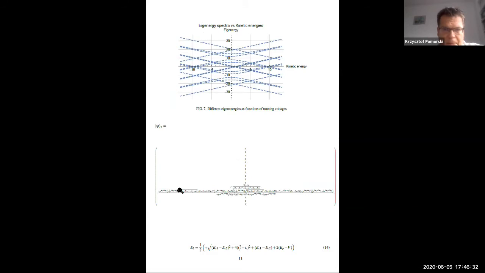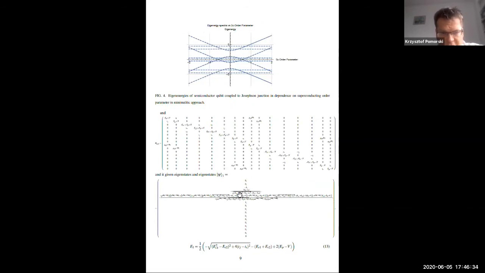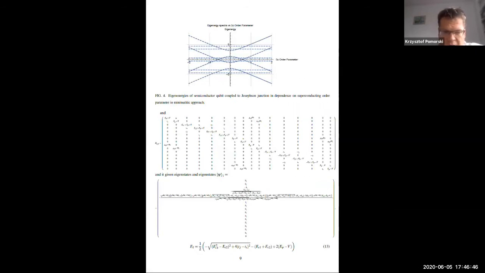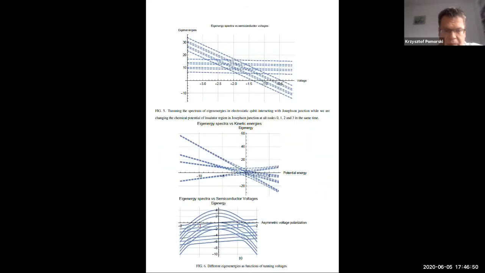So this state is entangled. You need to analyze it deeper. Some of these 16 eigenstates are entangled.